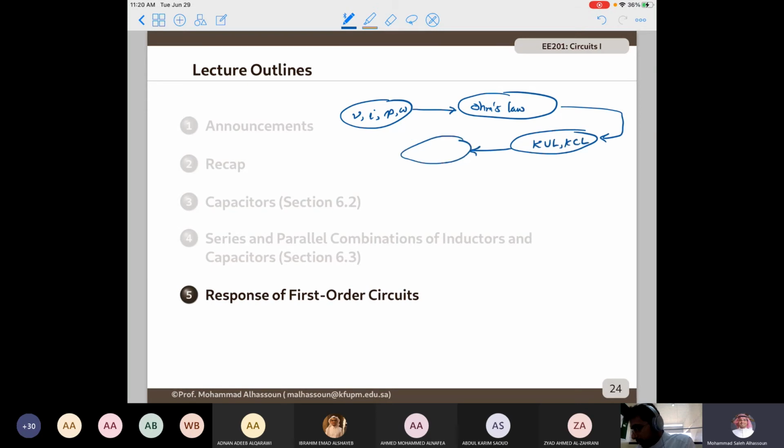Then we talked about combination. At that point we said we have everything we need to solve any resistive circuit. But we noticed that in some cases we have complicated circuits, so we spent a very long time on circuit analysis.